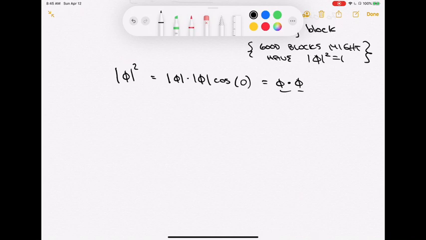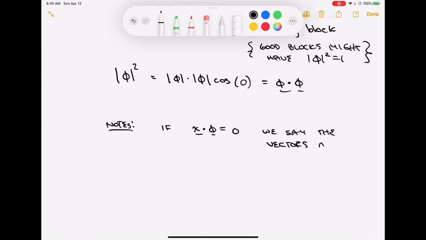So last pieces in here. We should have a couple final notes on at least this part, and then we'll do some summaries. If x dotted with phi is equal to 0, and it doesn't have to be these, it's just any two things with a dot product equaling 0, we say the vectors are orthogonal.